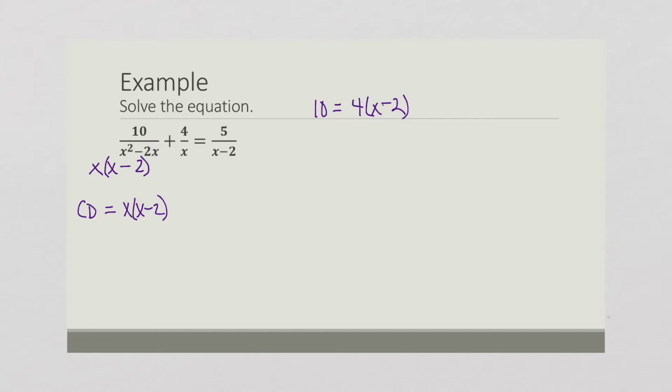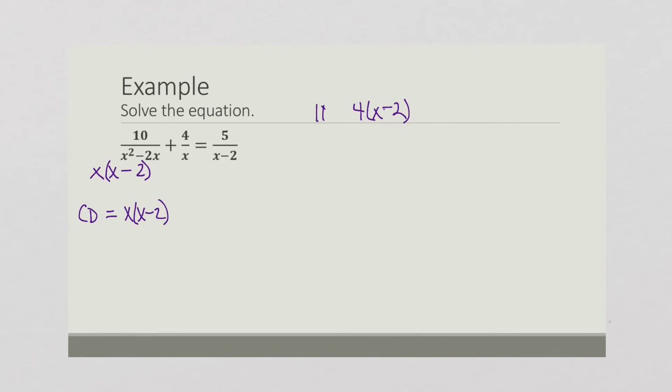Oops. Made a mistake there. 10 plus 4 times x minus 2 equals 5 times x. If I start distributing, solve my equation. 10 plus 4x minus 8 equals 5x.